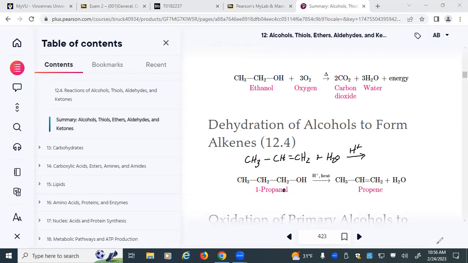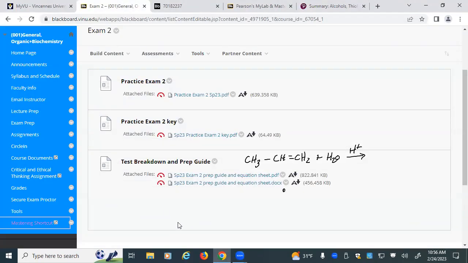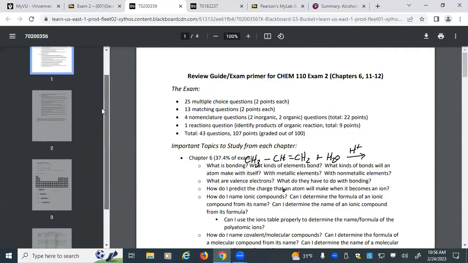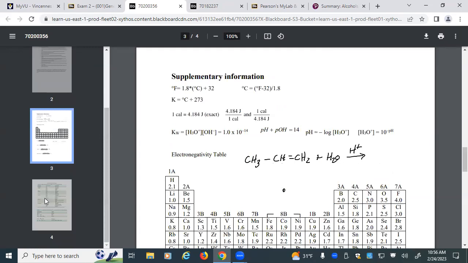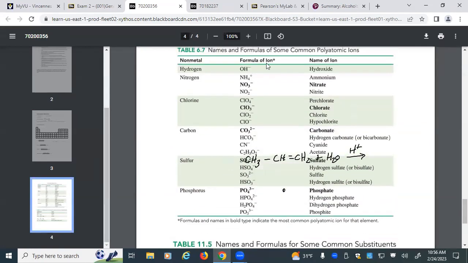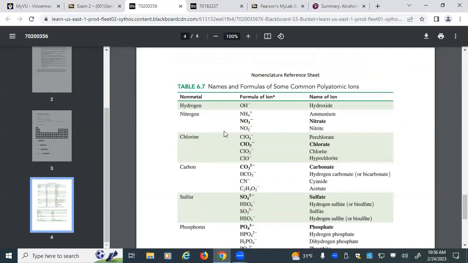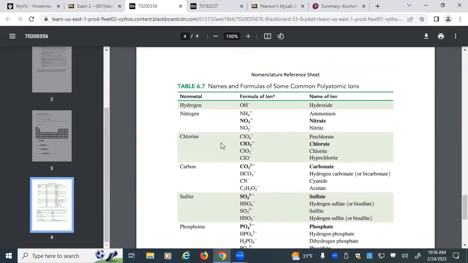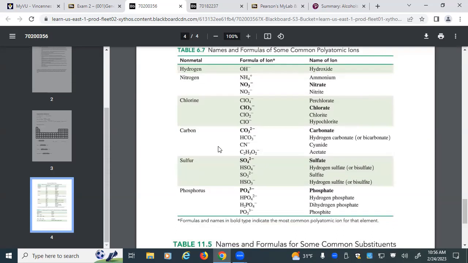So make sure you go back and work within that space. In the prep guide I put what that table is going to look like that you're going to get. Just make sure that you know how to use it. Go back through those modules.